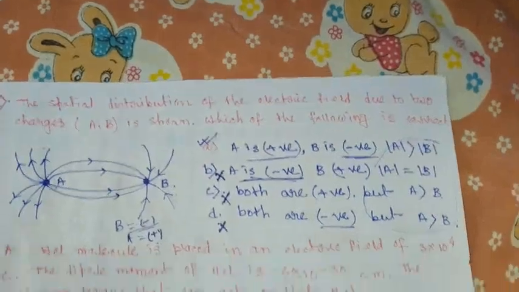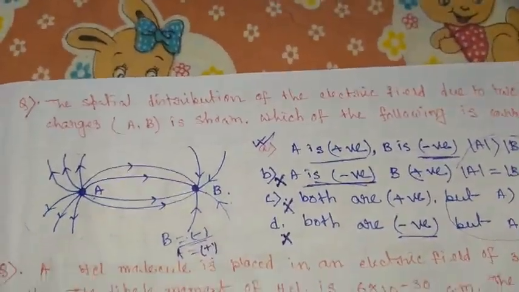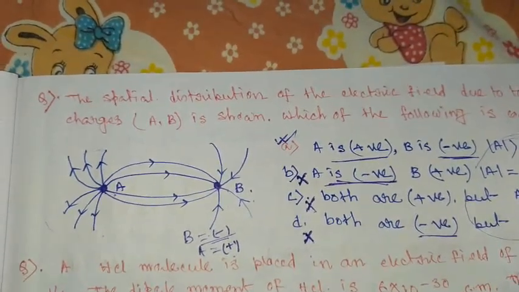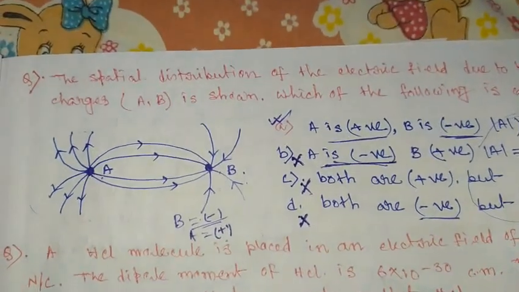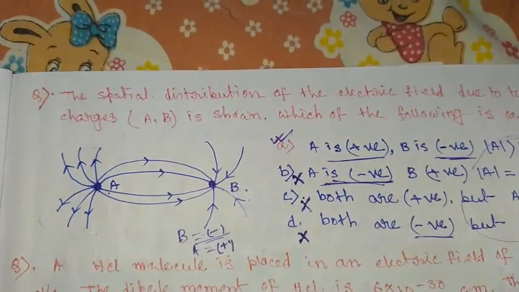The property says that the density of flux lines is directly proportional to the magnitude of the charge. Again, the density of flux lines is directly proportional to the magnitude of the charge.